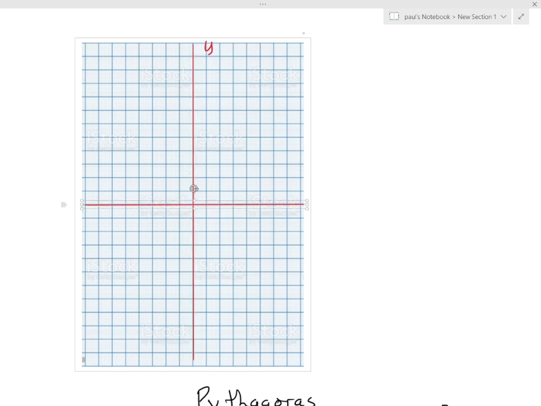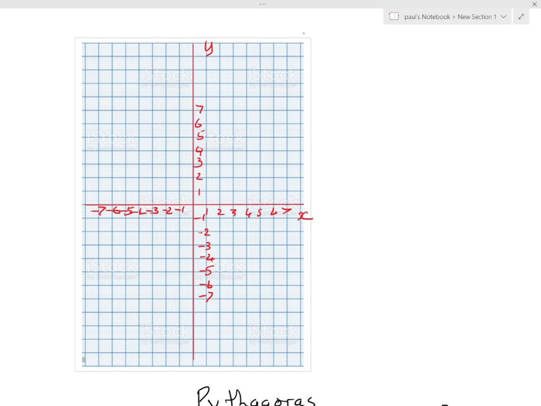So there's the y, there's the x, and 1, 2, 3, 4, 5, 6, 7, minus 1, minus 2, minus 3, minus 4, minus 5, minus 6, minus 7, and 1, 2, 3, 4, 5, 6, 7 on the other axis. These grids will probably be drawn for you.